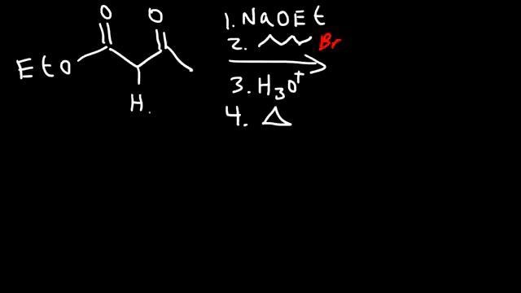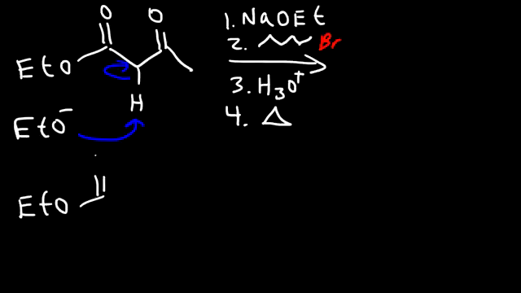Now let's write out a mechanism. So we know what the first step is going to be, and that is deprotonation of the alpha hydrogen. The next step is alkylation. So we're going to react that with 1-bromopentane.